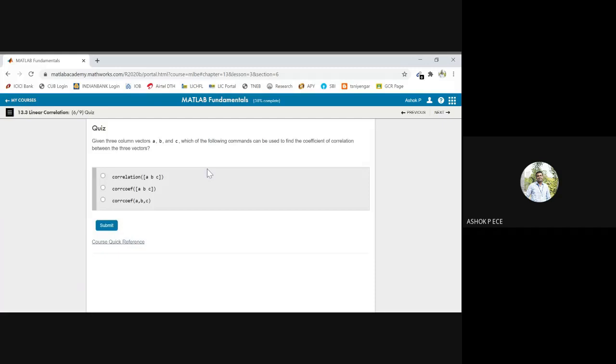And you have commands to do that. Given 3 column vectors A, B, C, which command will be used to find the correlation coefficient between the 2 vectors? Tell me the answer. Which function will you use, A, B, or C? I think we saw the function name.